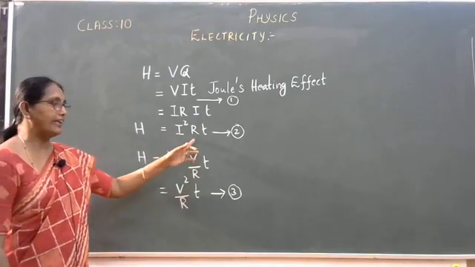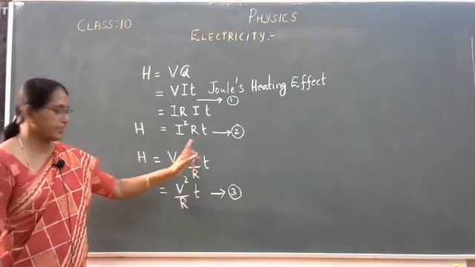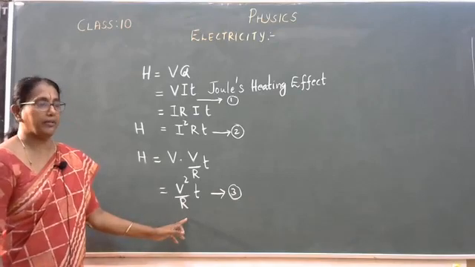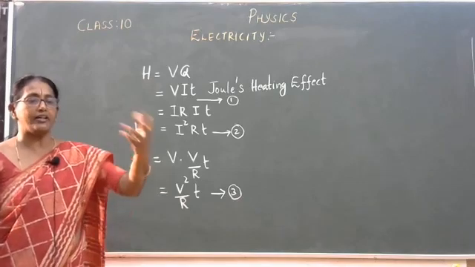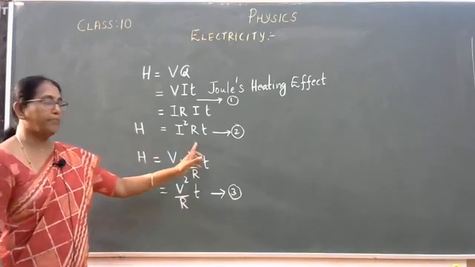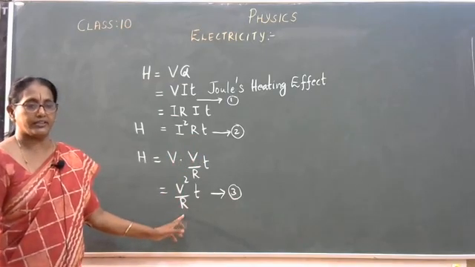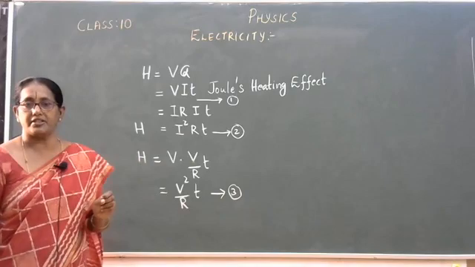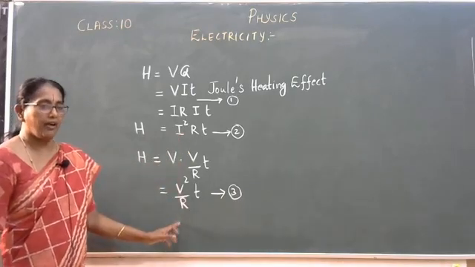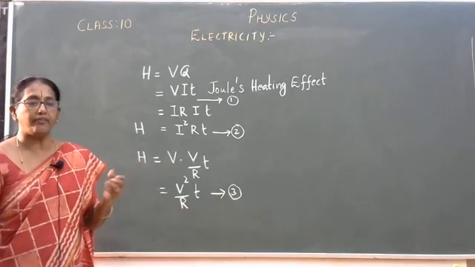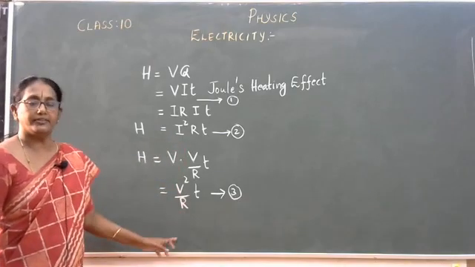This equation is telling heat energy produced is directly dependent on resistance, and this is telling inversely dependent. The same quantity depending in two ways on a similar quantity, a direct dependence and an inverse dependence on resistance. This is a contradicting statement. Is it so? These two equations are contradicting each other. But why is it so? We have to find certain reasons for that. So why is this contradiction coming here?